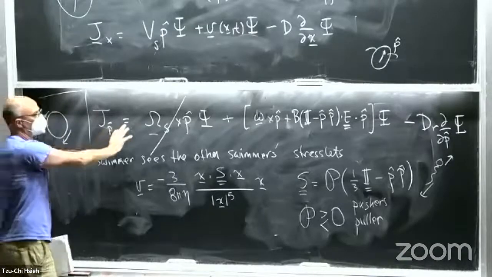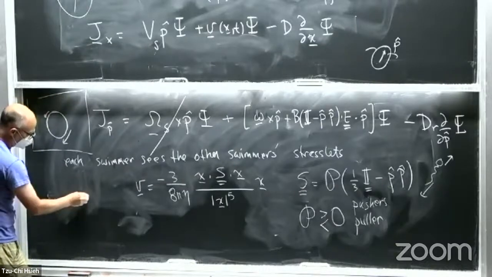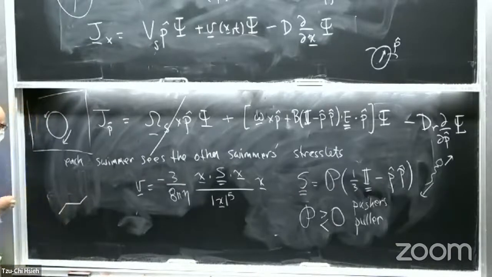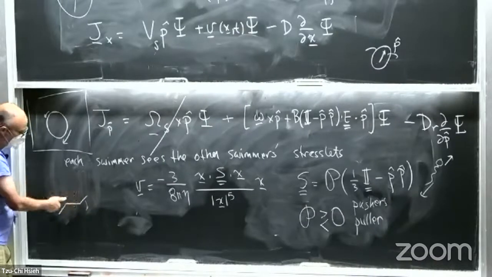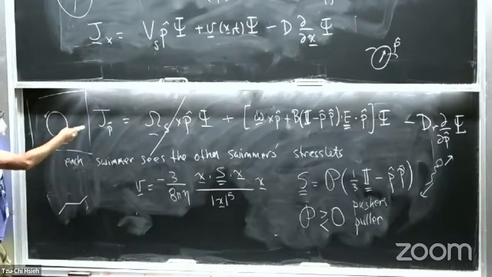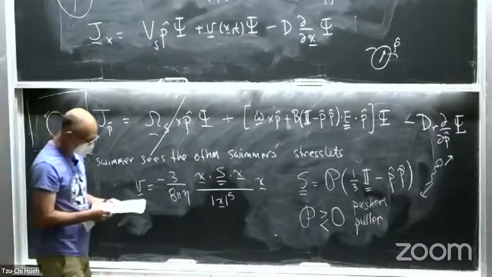So I'm saying we'll just ignore that. Going back to the first lecture, when I mentioned the Purcell swimmer, that's an example of a swimmer that is going to rotate as it's swimming because of its asymmetry. So in general, it's there, but we're going to assume that our swimmers are more symmetric.